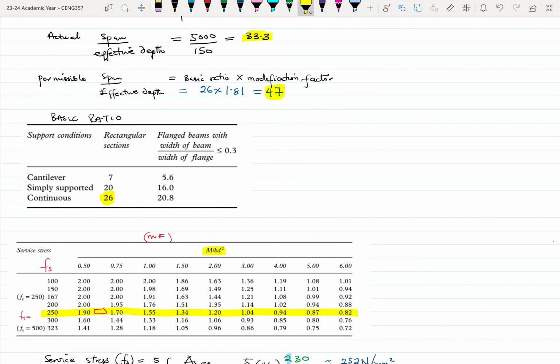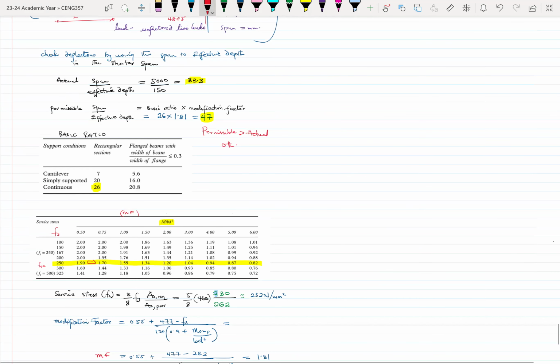Since permissible is more than actual, it means that we are okay. All right. So we've checked everything. Everything is fine.